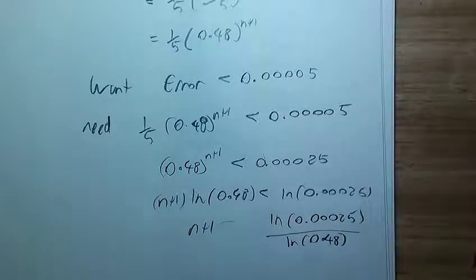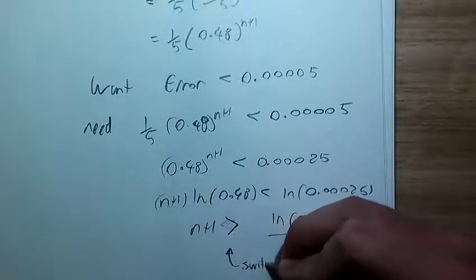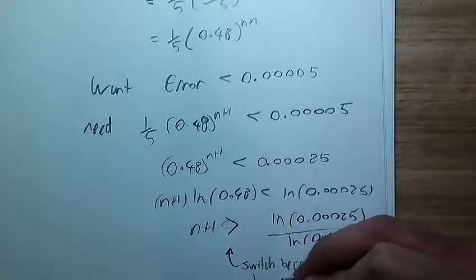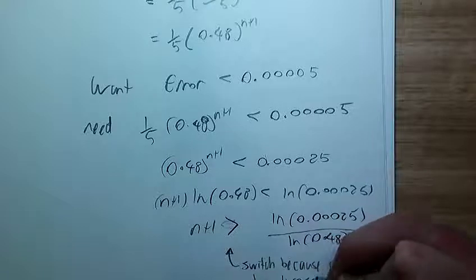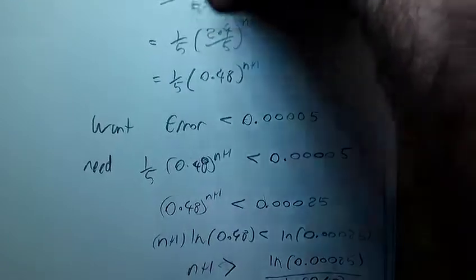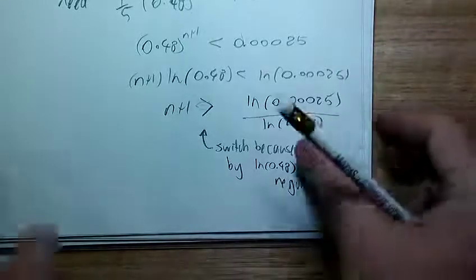And here's where a special trick happened. ln of 0.48 is negative because 0.48 is less than 1, and so ln of anything less than 1 will be negative, so my inequality sign is going to switch over, because I divided by ln of 0.48, which is negative.